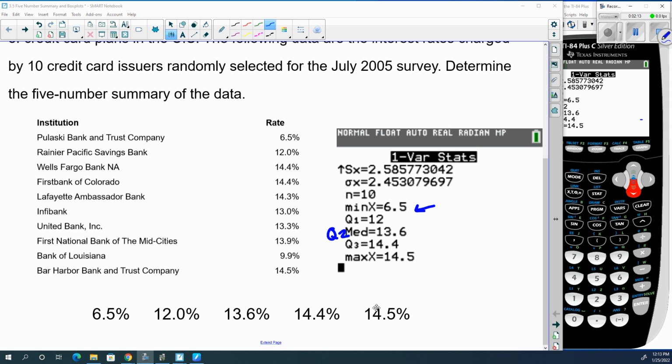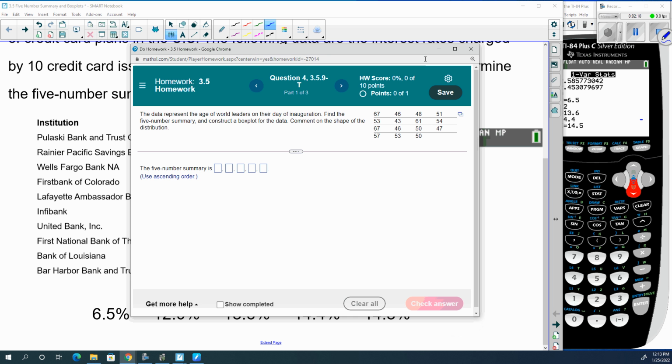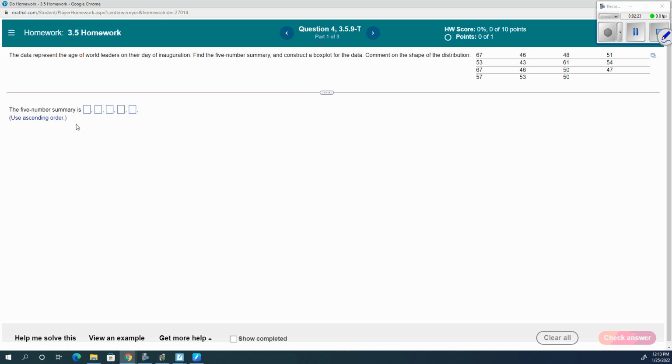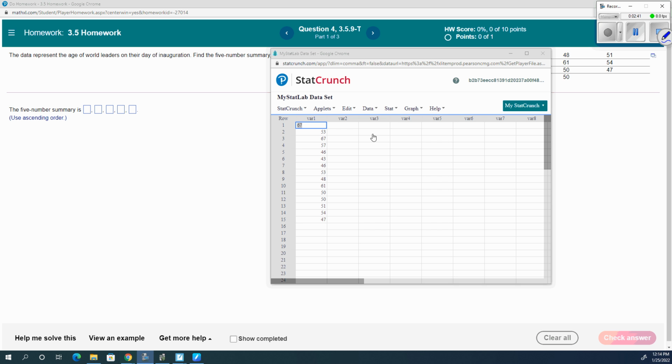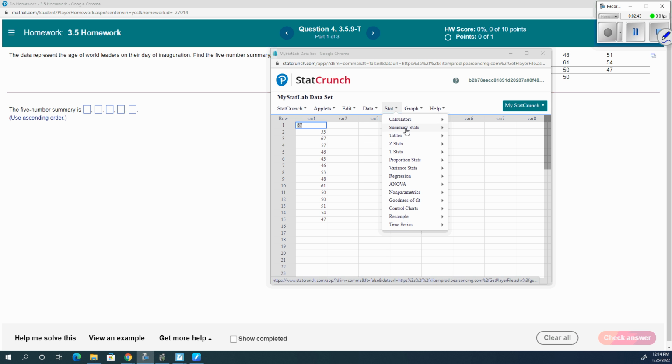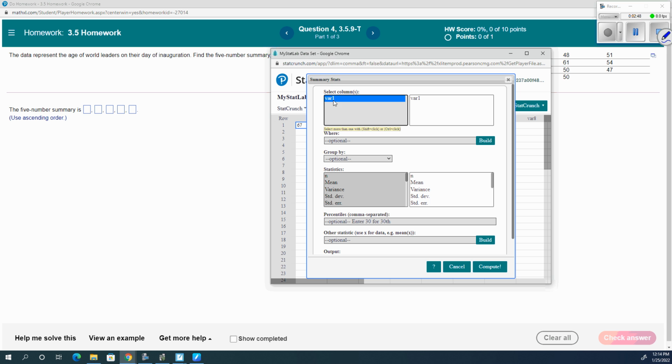Now the way you would do that in StatCrunch, and I just opened up a problem from your assignment that asks for that 5-number summary. When you're in your assignment and it asks you to come up with that information, I just click on this little box in the top, open in StatCrunch. And then once it's open in StatCrunch, I hit Stat, Summary Stat, Columns, and then it was in variable 1.